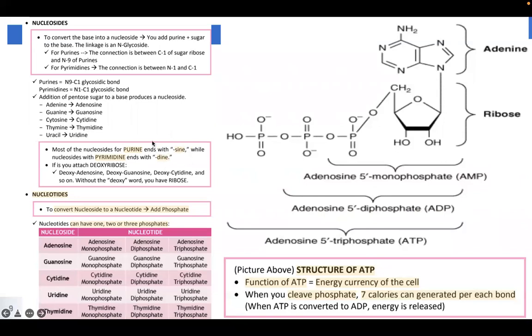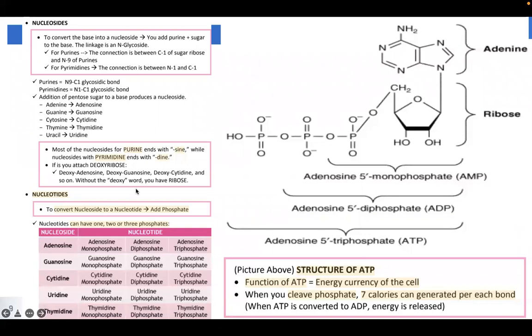Pagka naman nucleosides siya with pyrimidine, nagiging -dine na, hindi na -sine. Si -sine pag purine lang. Si pyrimidine, nagiging -dine. Okay? And then if you attach a deoxyribose, the deoxyadenosine, deoxyguanosine, deoxycytidine, and so on. Okay? So, pag tinanggal natin yung deoxy, magiging ribose lang siya. H lang siya, wala yung O.